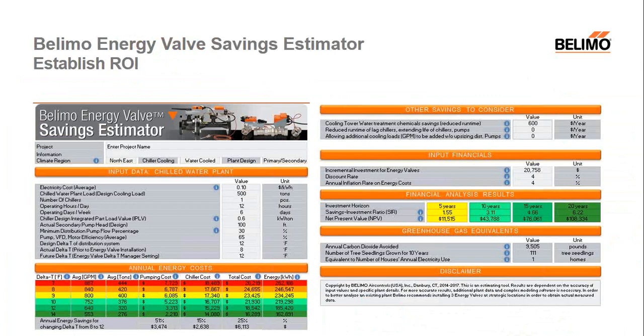And it will actually output a financial analysis over a 5 to 20 year period of what the savings could be by implementing the energy valve. So it's a very useful tool to understand going in what the valve could save you. So we have a way to understand going in, and then another way to validate after the valve has been installed. So very valuable tools to help aid the product.